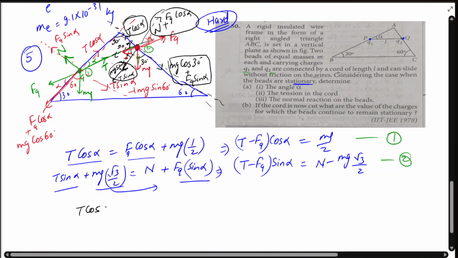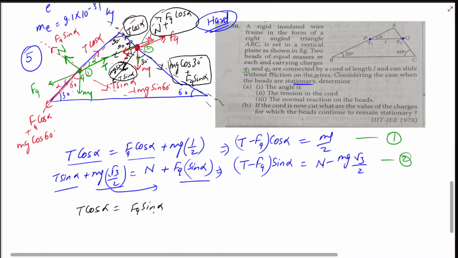So T cos alpha should be equal to FQ sine alpha, right? That is correct, right? So this is alpha, this is 90 minus alpha, so this must be alpha. This is alpha, this is alpha. Okay, perfect. It looks fine, I guess.